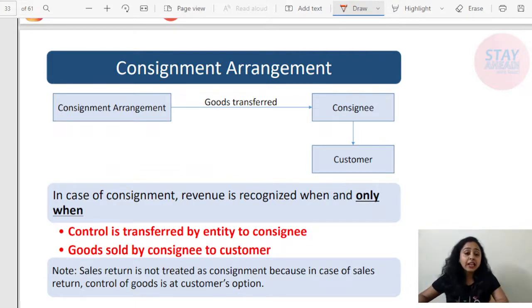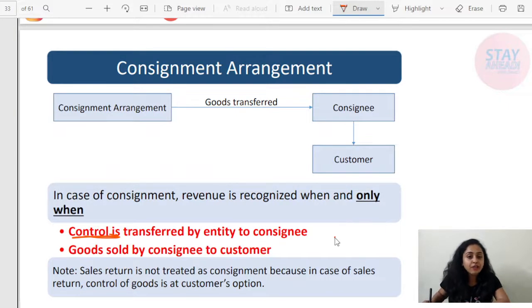Okay. Now, if there is any consignment arrangement, the goods are transferred to the consignee, that means the agency that is working on behalf of the client. Now, if control has been transferred, and risk and rewards have been transferred, then only revenue will be recognized.